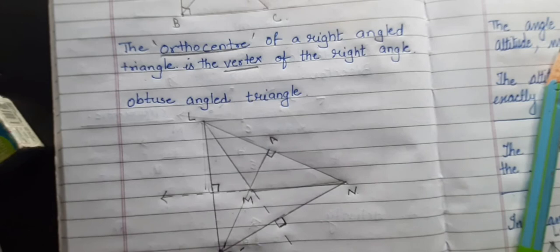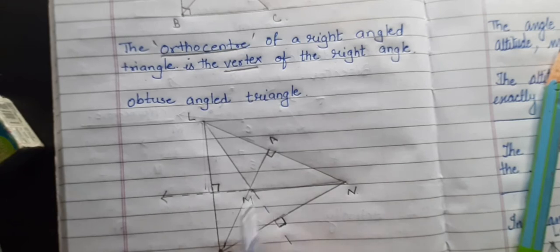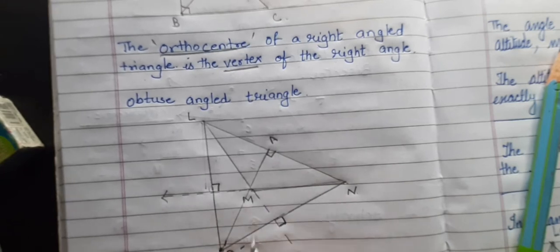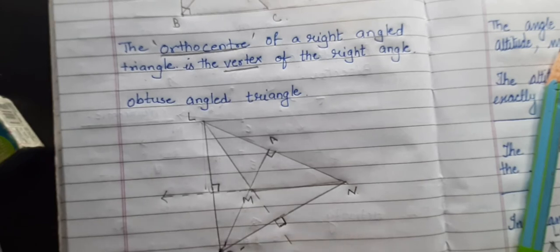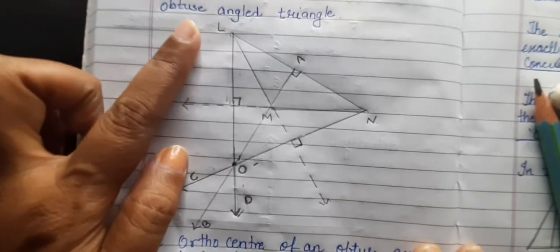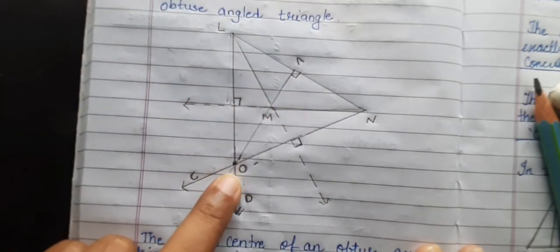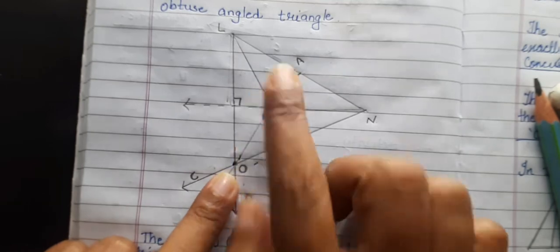Now in general, for this triangle, an obtuse angle triangle, where is the orthocenter lying? It is lying outside the triangle. So in general, the altitudes of an obtuse angle triangle meet outside the triangle.